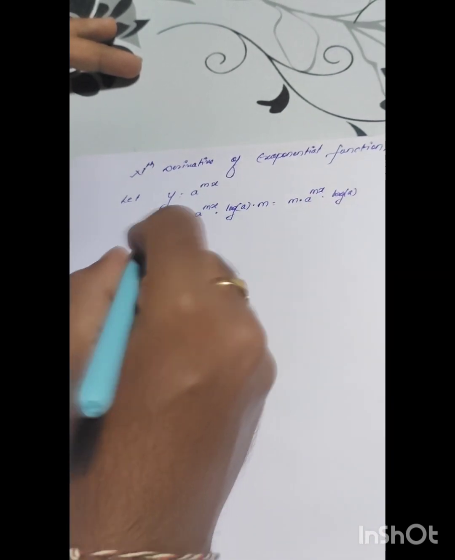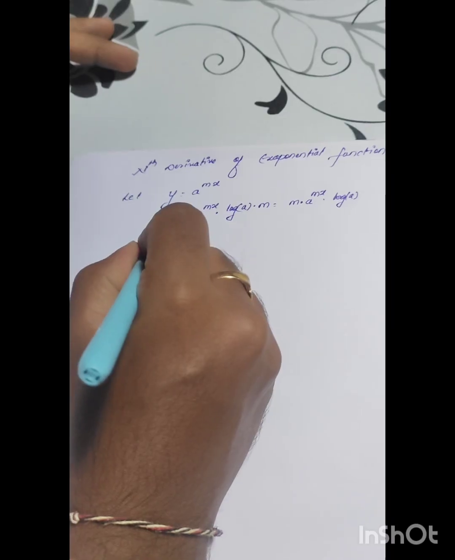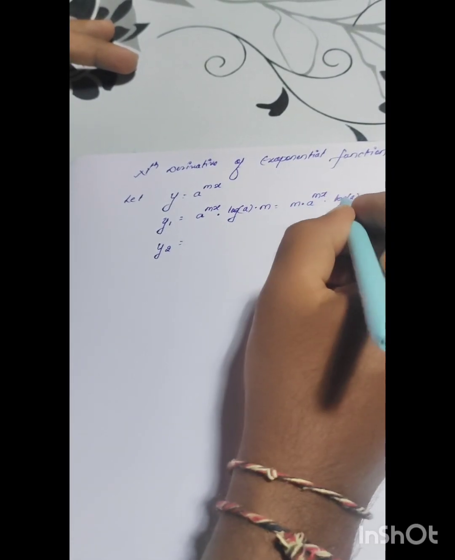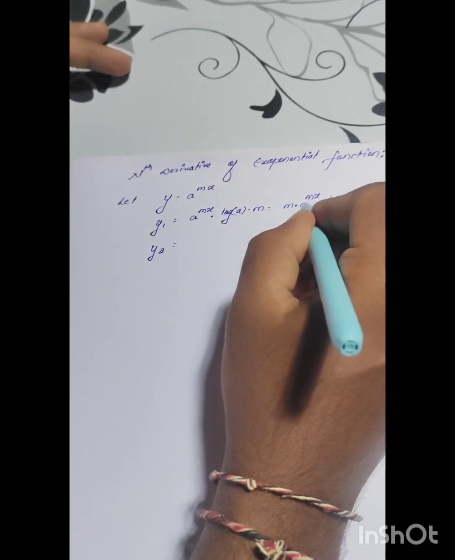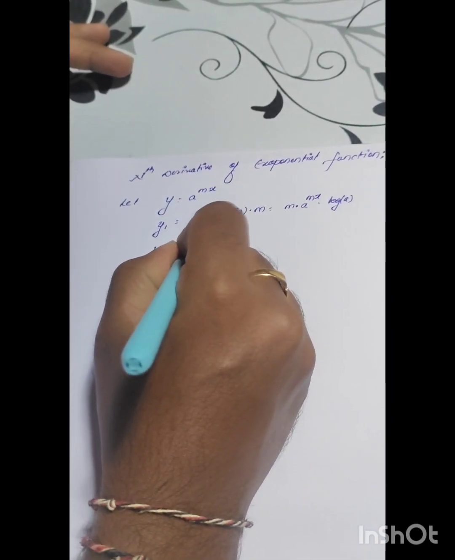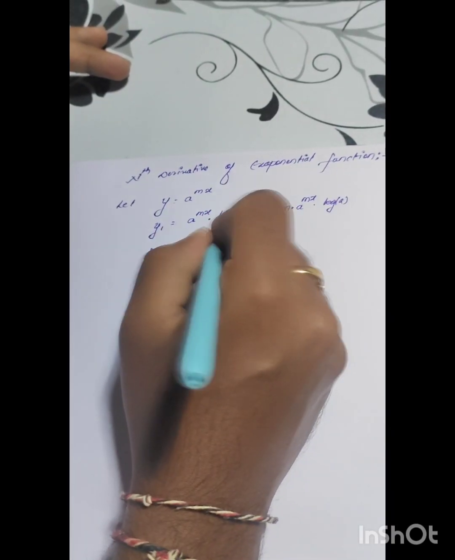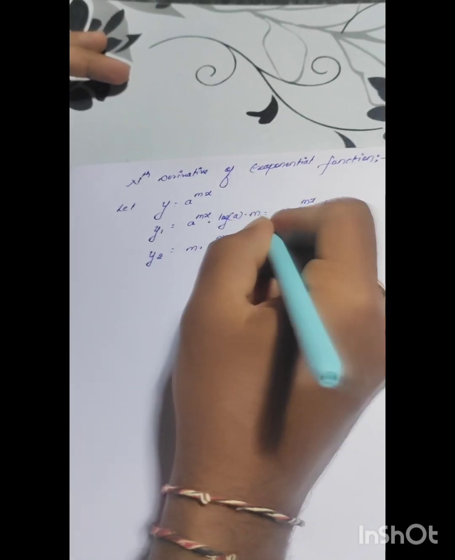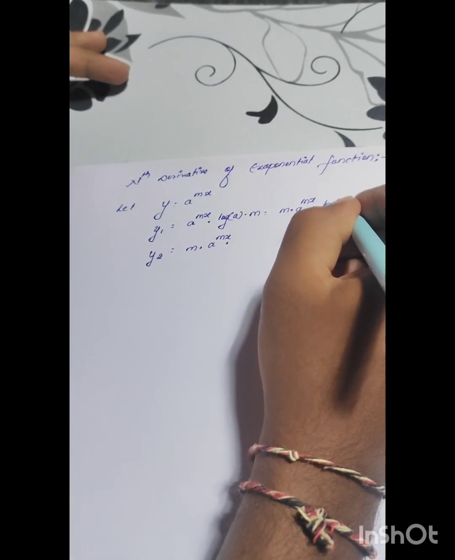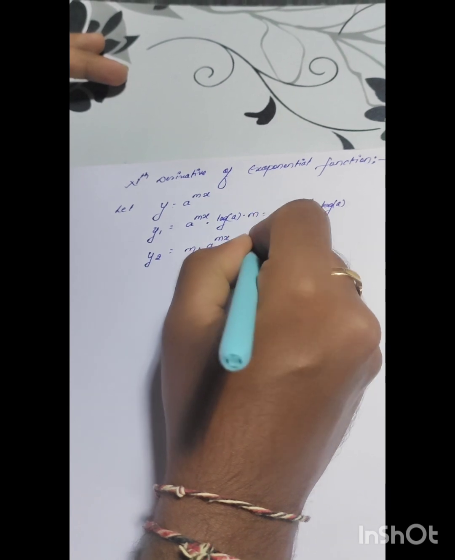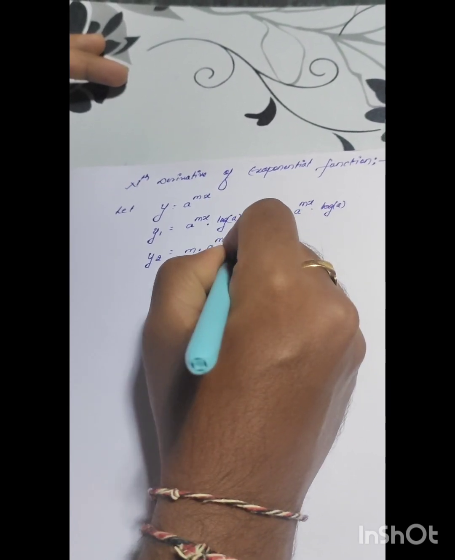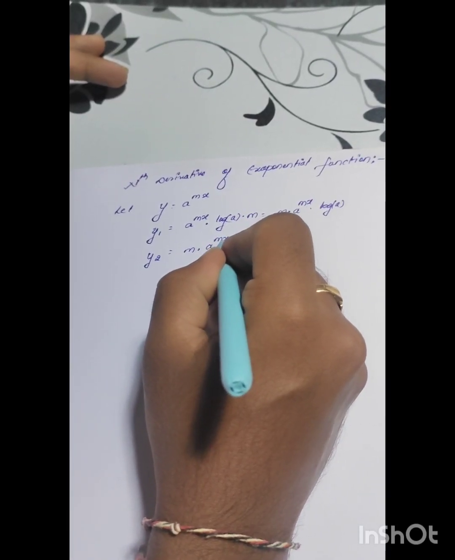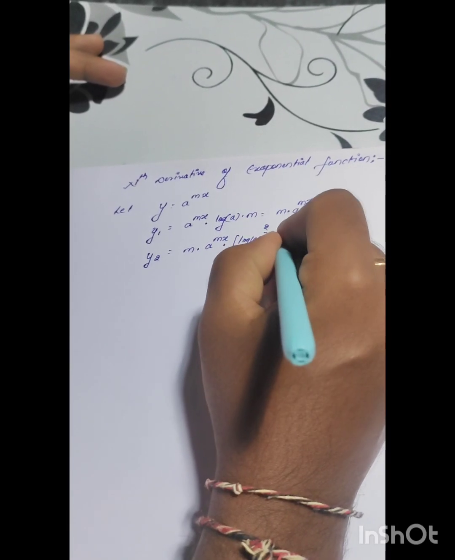So this is y1. Again differentiating with respect to x, y2 will be equal to, here m is a constant and log a is also a constant, so we are left with a raised to mx again. m into a raised to mx is a raised to mx itself into log a, and since log a is already there, it will become log a the whole square, into the chain rule, the derivative of mx, which is m.